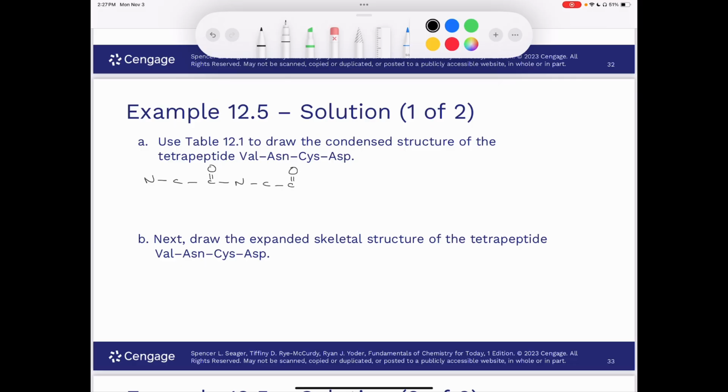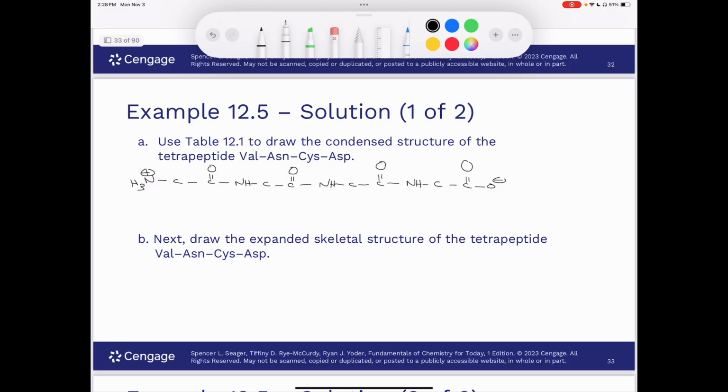So there's the first one, then nitrogen, carbon, carbonyl, then nitrogen, carbon, carbonyl, then the last one, nitrogen, carbon, carbonyl. All right. So on the N terminus, we're going to put our three hydrogens and our positive charge. On the C terminus, we're going to put our oxygen with a negative charge. Now, on each nitrogen, we're going to put one hydrogen. So we'll put the hydrogens in here like that.